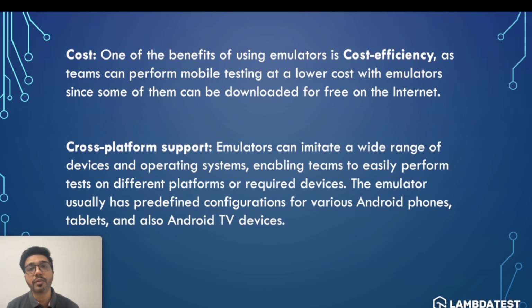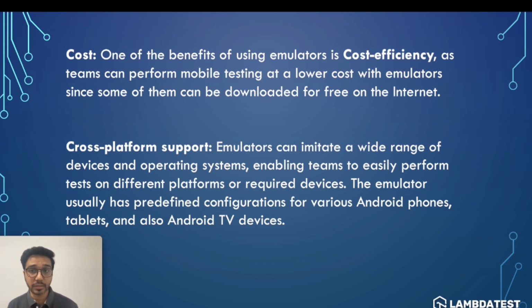Because as I told, if you need to test your application on multiple Android versions, multiple devices, Google, Nexus, Pixel, maybe with Oreo, Lollipop, it is quite difficult to afford to buy 20 devices with different Android versions. So instead of that, the emulator is cheap, right? You just have to have the knowledge to do the setup and you are good to go, correct?